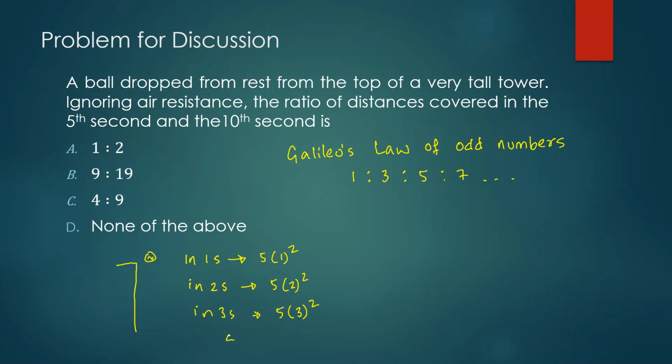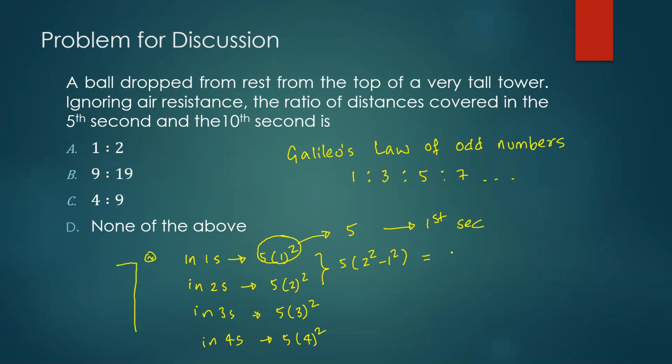In 4 seconds, this is not the fourth second, but in 4 seconds starting from the beginning, 5 into 4 square. Now, the distance in the first second is 5 into 1 square, so that is 5. This is the distance covered in the first second.